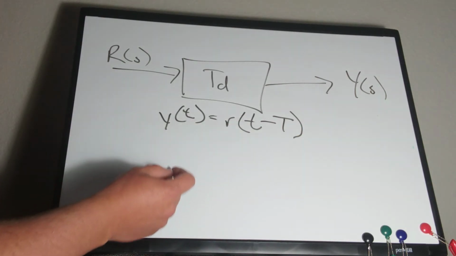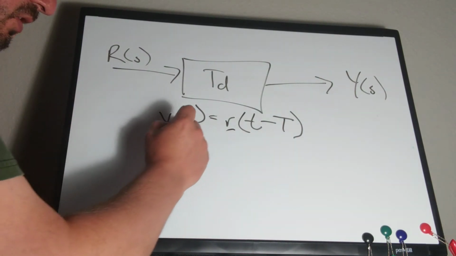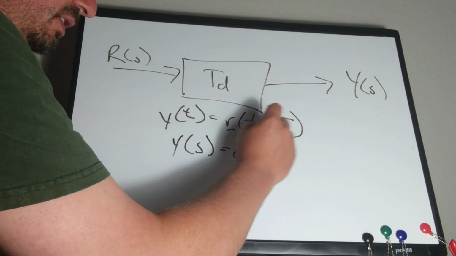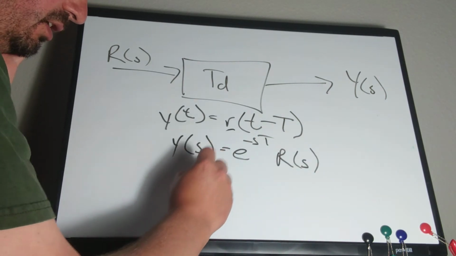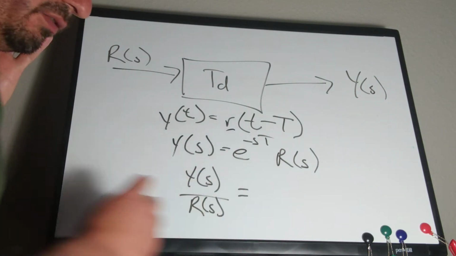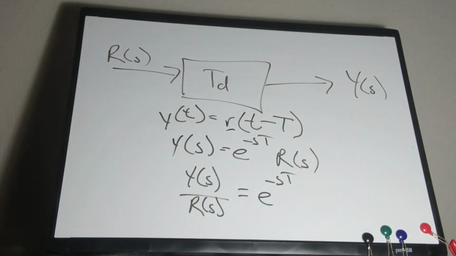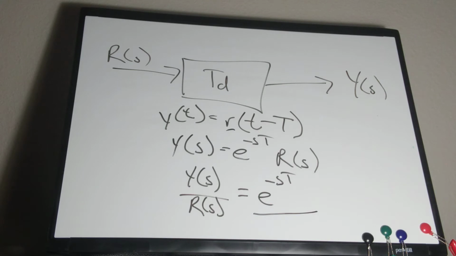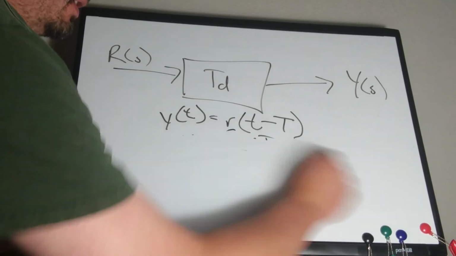And we take our Laplace transform using a unit step for r of s, and we get y of s equals e to the negative sT, r of s, to give our overall function y of s over r of s equals e to the negative sT. This is the form we will use when modeling time delay in the Laplace domain, or the S domain.